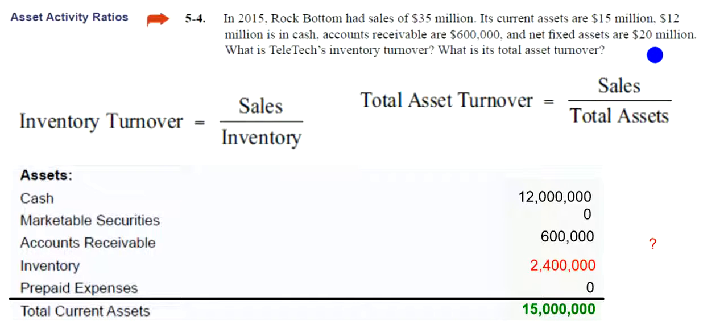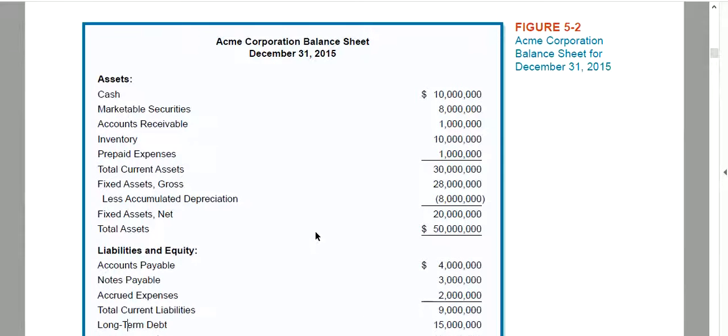If you jump back into your book and look at that, you can see that we're adding up our total current assets right here, and then of course we'll talk more about this accumulated depreciation. But you get your total assets right here by adding in your fixed assets.